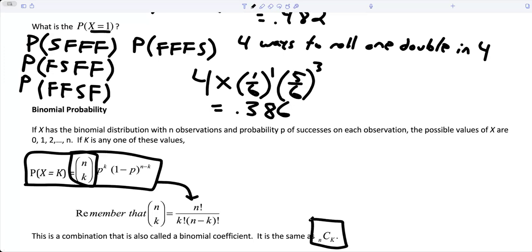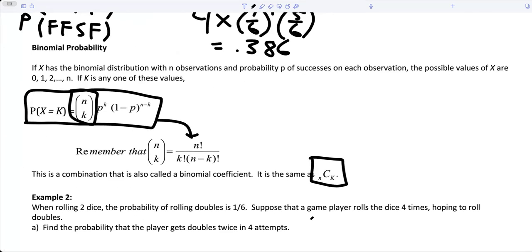It's the same thing as n choose k, where n is the total number and k is the number of successes. To be honest, you just need to be able to recognize that formula. It might pop up in a multiple choice question or something like that. But for the most part, if we're doing a free response, use binomial PDF or binomial CDF.